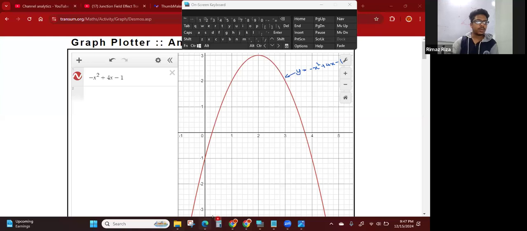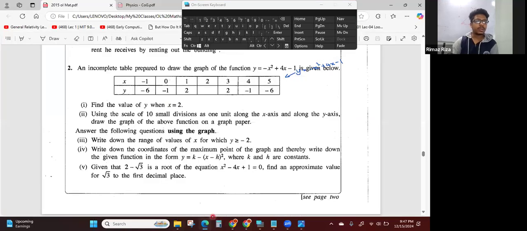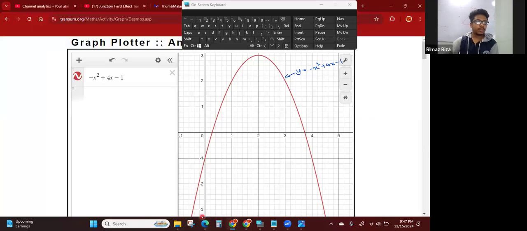The condition is y is greater than or equal to minus 2. So first, to find out, you can draw a dotted line at minus 2. Here is the minus 2, I consider this. Actually, you have to draw a dash line, dotted line. So I will draw dotted lines here.